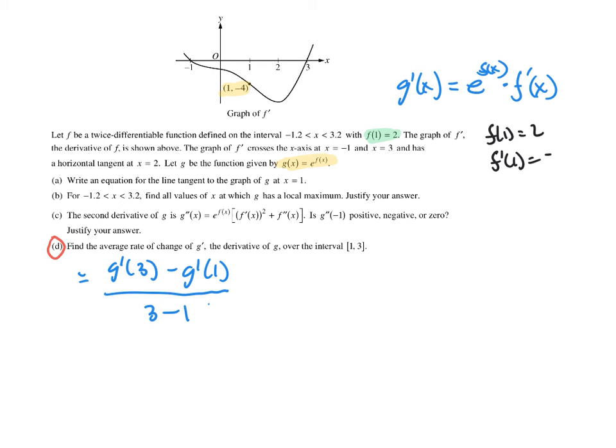That means g prime of 1 is going to be e squared times -4. As I fill in these spots here, this g prime of 1 is going to be e squared times -4, better known as -4e squared.